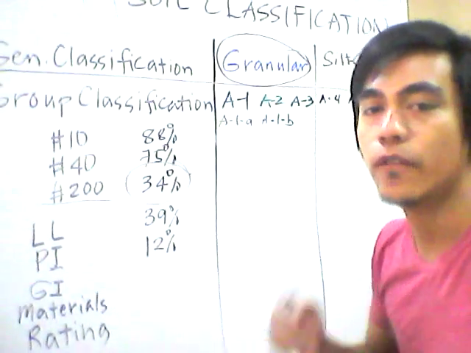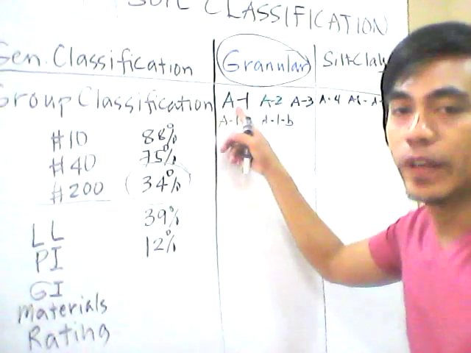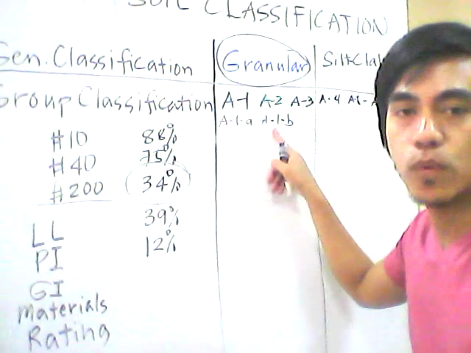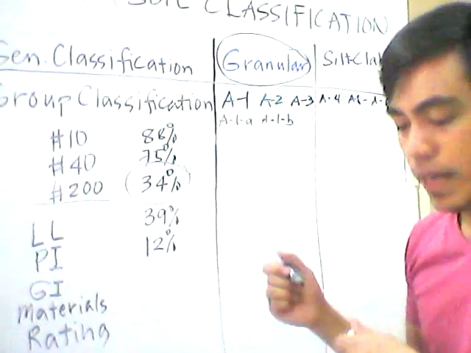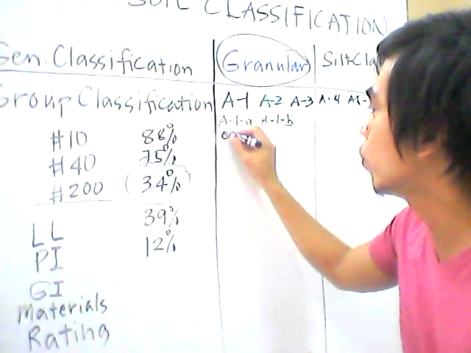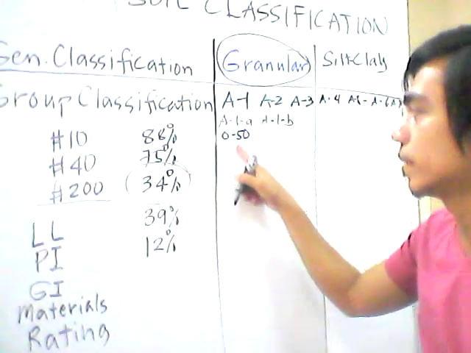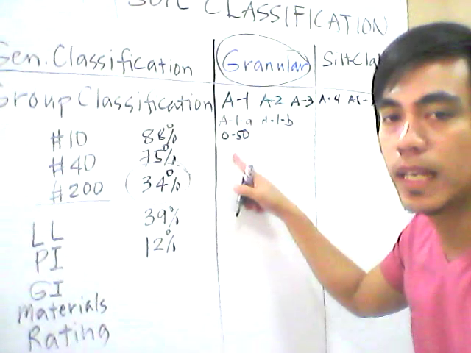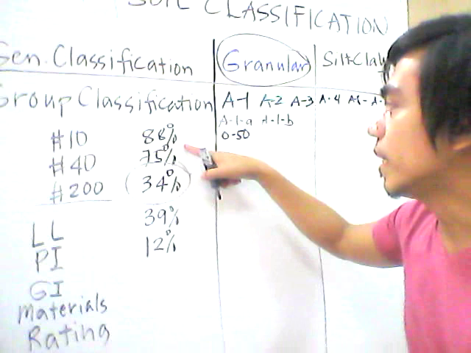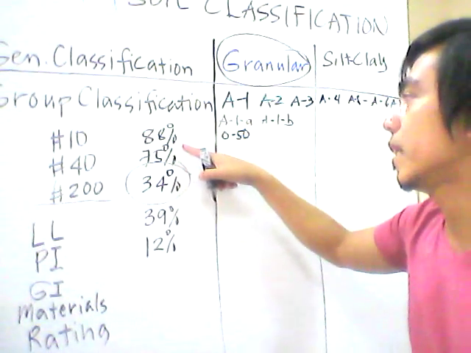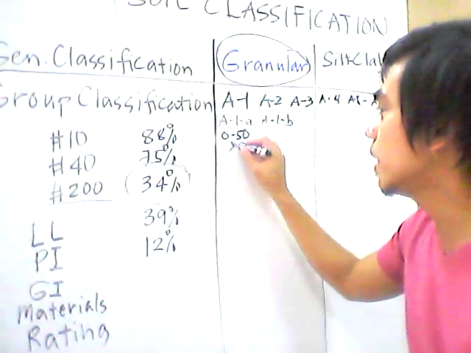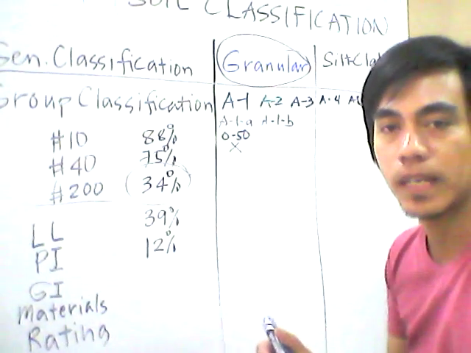Take note, the A-1 group classification is divided again into two, A-1-A and A-1-B. From the table, for number 10, we have 0 to 50% under A-1-A. Our data is 88% passing number 10. A-1-A is only up to 50. So A-1-A is not our group classification.